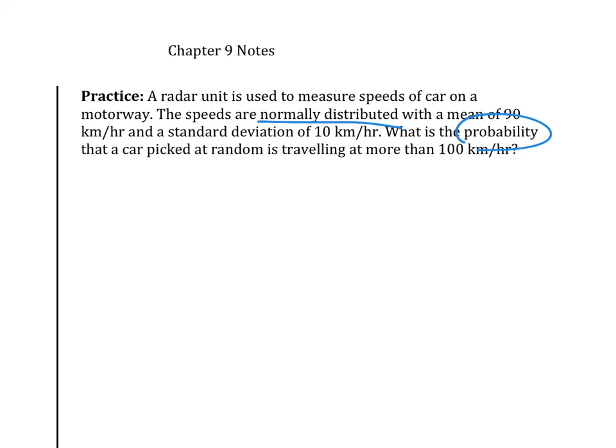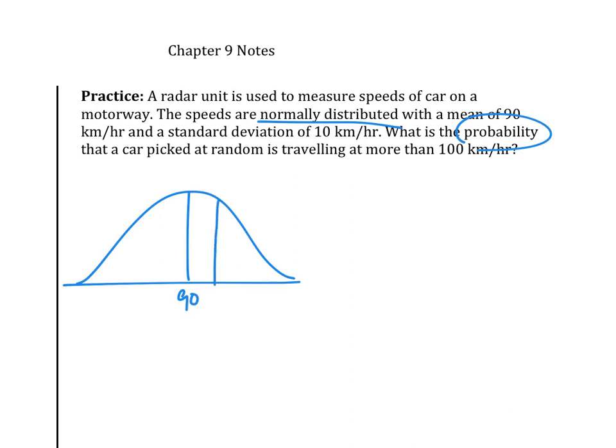All right, since it tells me that it is normally distributed, I'm going to draw a bell curve. And it tells me that the mean is 90. So I'm going to put 90 here. And each standard deviation is 10. So the first standard deviation is going to be 10 away from the mean. So this is 100. And then this is 80 because it's 10 more and 10 less.